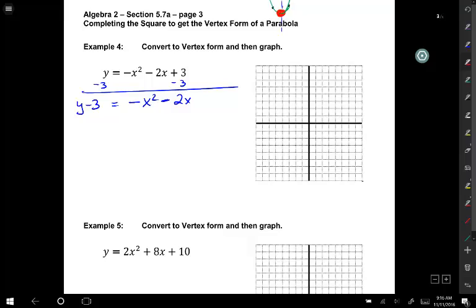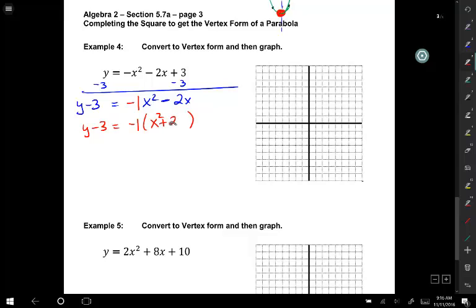It's really a minus 1. It's not really neat there, sorry. So what we're going to do is factor out that minus 1. What's left when we factor it out? X squared plus 2x. I factored out the negative 1.